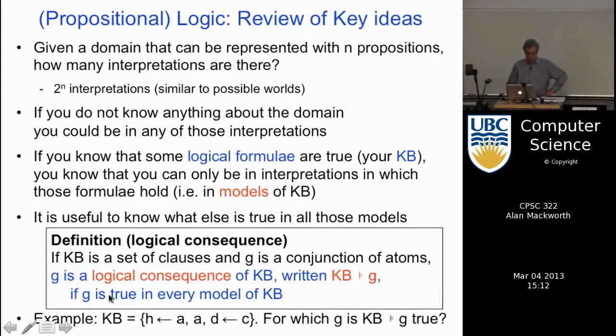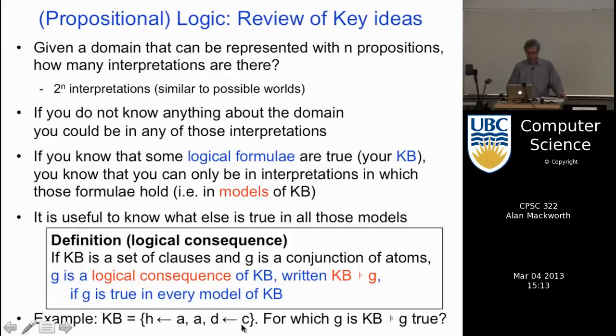And here's an example, right? If we have this knowledge base, H if A is true, and D if C is true, for which G is G a logical consequence of the knowledge base? That should be clear to you just by inspecting that knowledge base. You could run bottom-up consequence finding on that. We know that A must be true, and if A is true, then H is true, therefore H must be true. That's our bottom-up consequence finding algorithm.